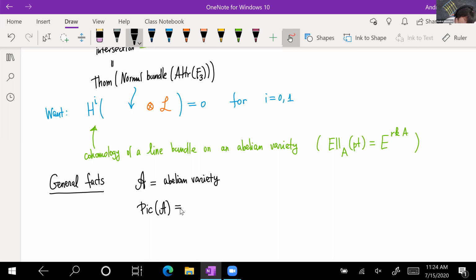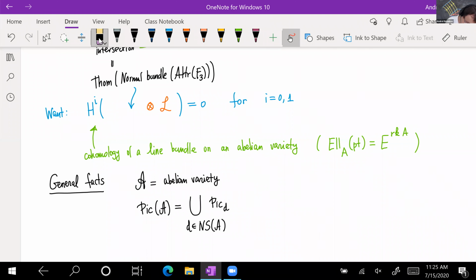So maybe I'll write it as a union. So it's a union over all possible degrees. These are possible degrees indexed by the Néron-Severi group of your abelian variety, with line bundles of that degree.